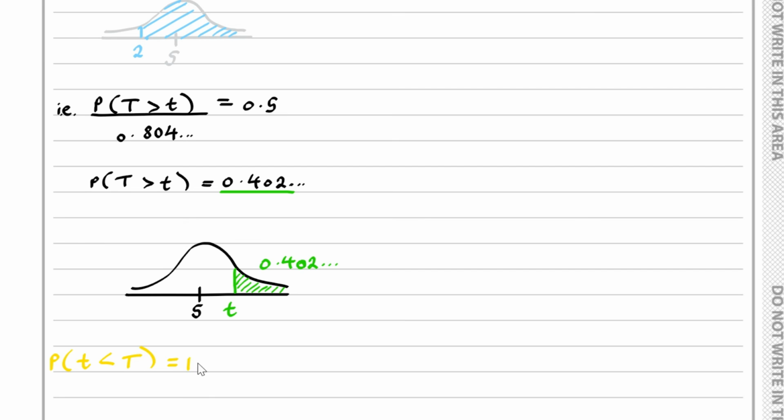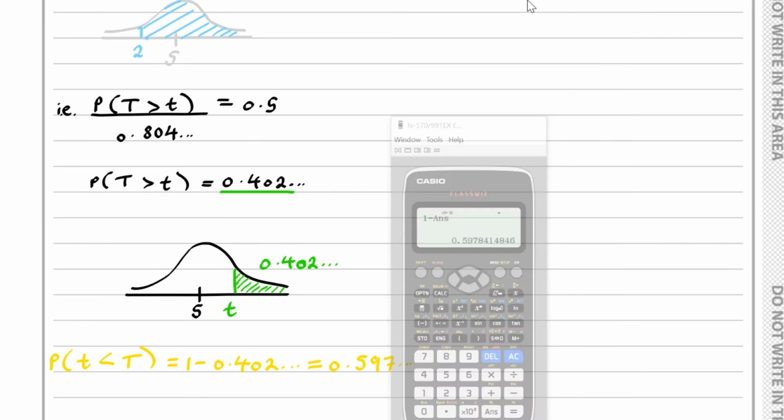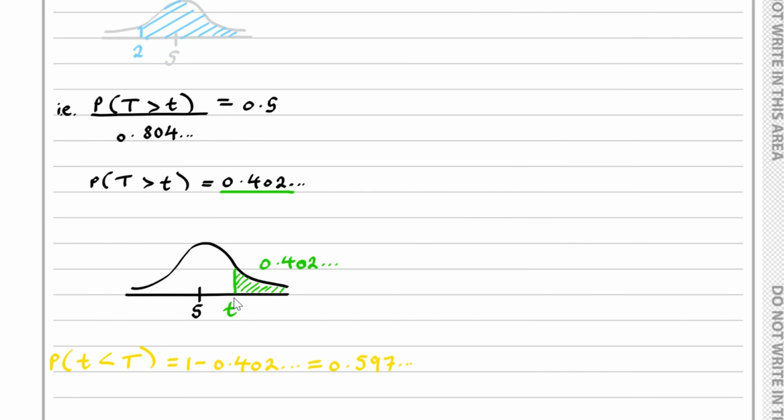So here we've got 1 minus the 0.402, etc. So 1 minus this, that's equal to 0.597, etc. So that's essentially what this is over here.